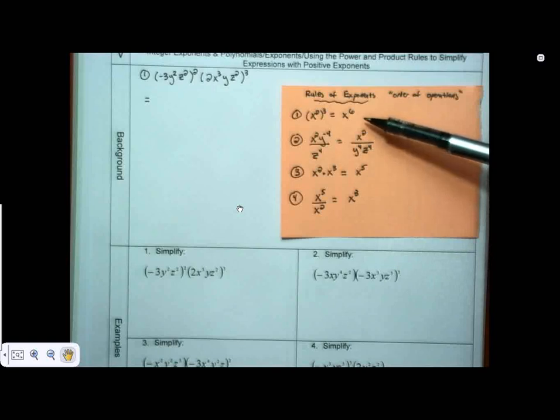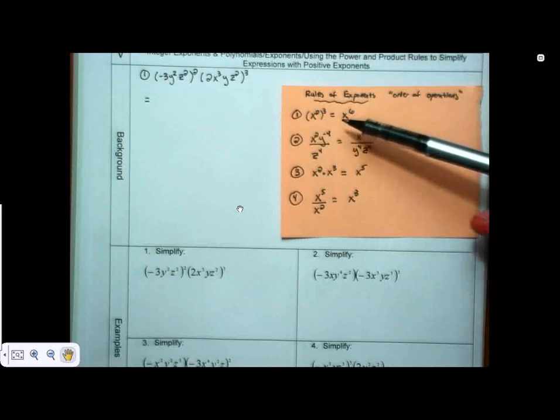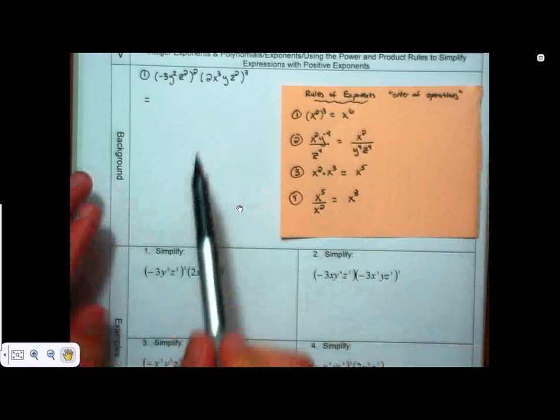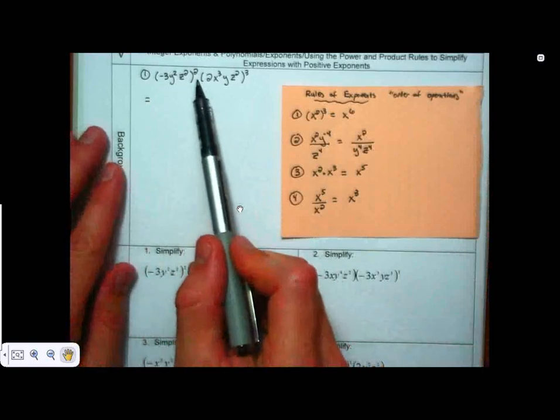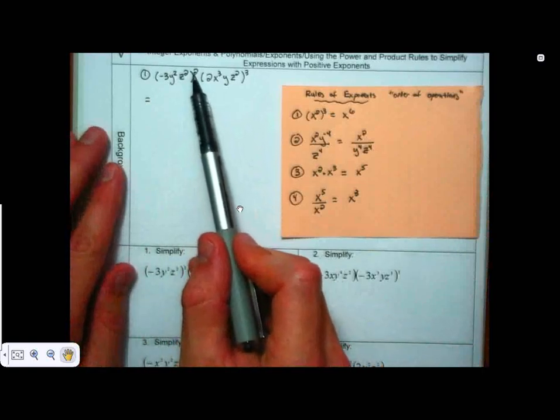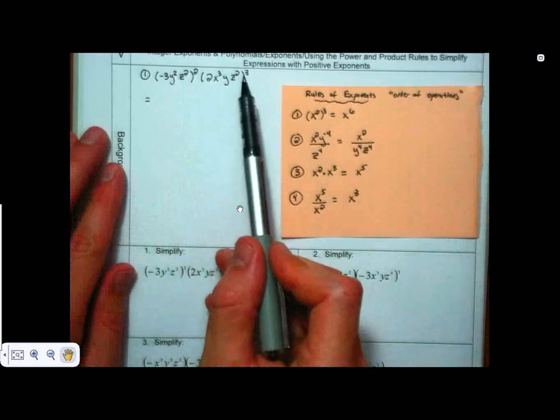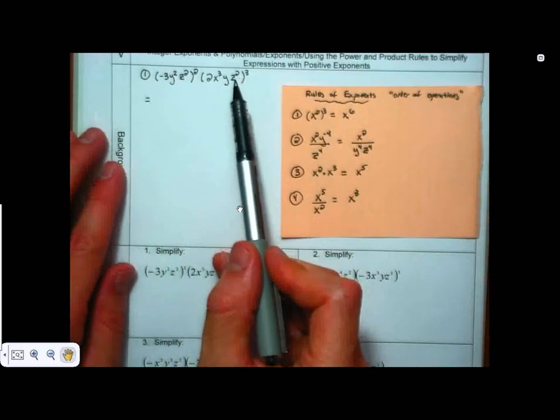So the first thing on the list that we're going to do is to take care of any sort of powers of powers. So looking at number 1, I see here we've definitely got powers of powers, and we've got powers of powers. So those are the first things that we're going to take care of.